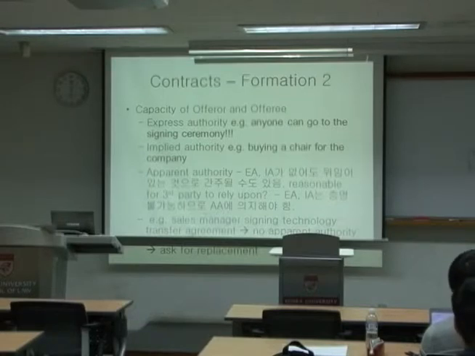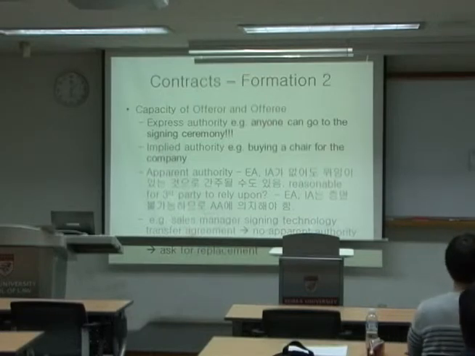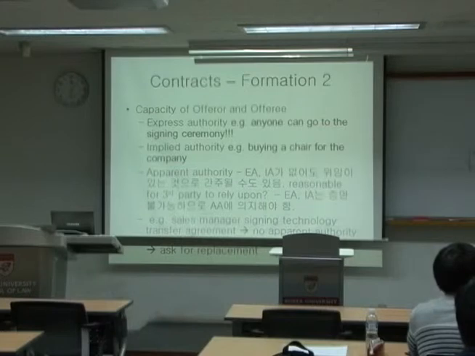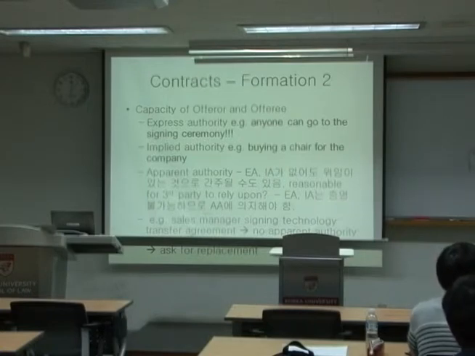So that after that person signs, the other side is fully obligated under the contract. So when you send your person, if there's express authority, that's fine. But when you receive the other side's representative, you want to make sure that the other side has apparent authority.